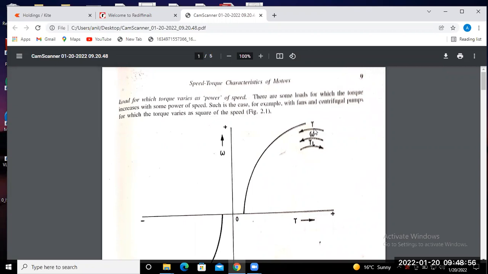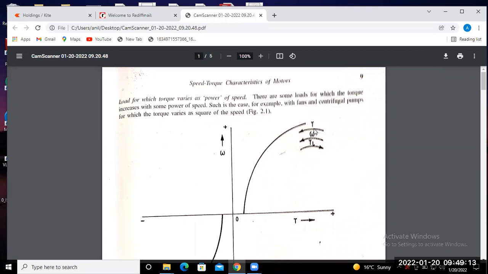So conventionally, we consider the rotation of the motor in the anti-clockwise direction, and that torque we consider as positive. And the clockwise direction we consider as negative.